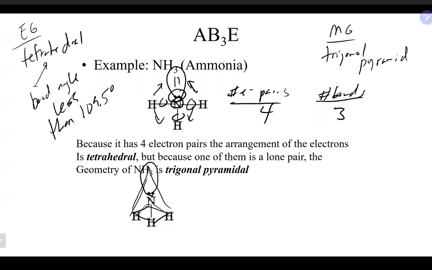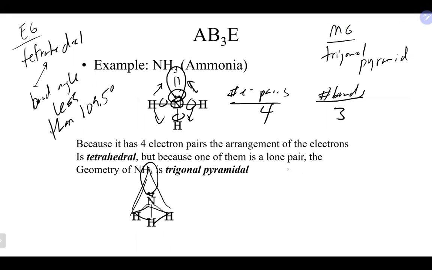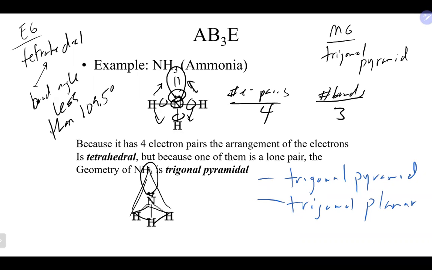This is a good time to talk about a couple of names we've talked about up to this point. We did trigonal pyramid here. Earlier, we did trigonal planar. There are 2 different things, these 2. So on a test, you should not just write trigonal and let me choose, because I failed chemistry, so I will choose wrong.